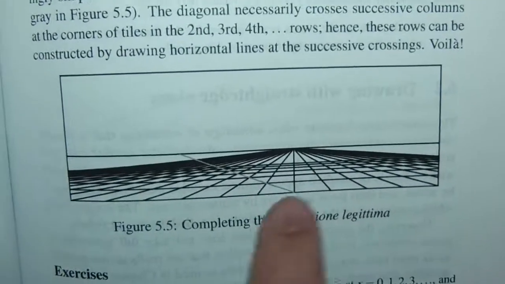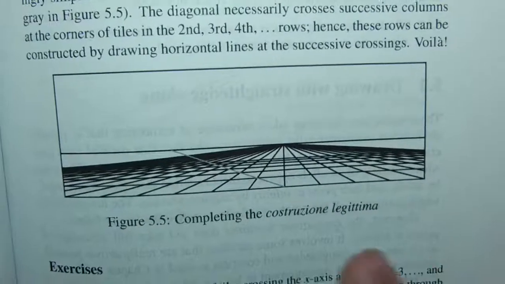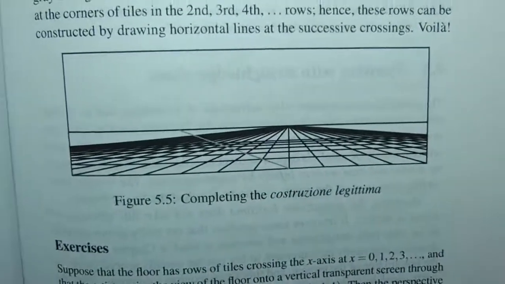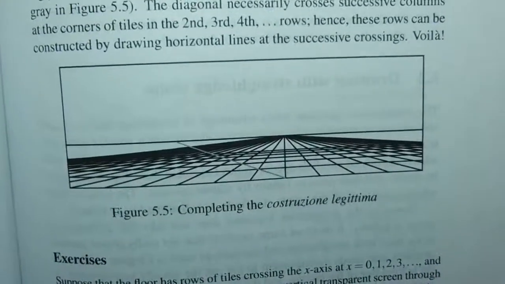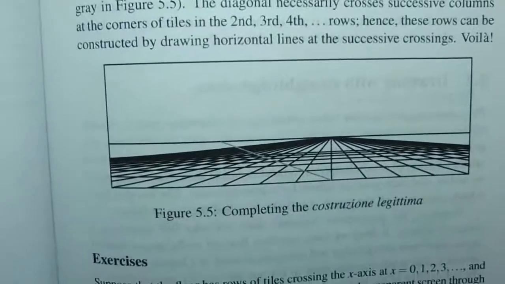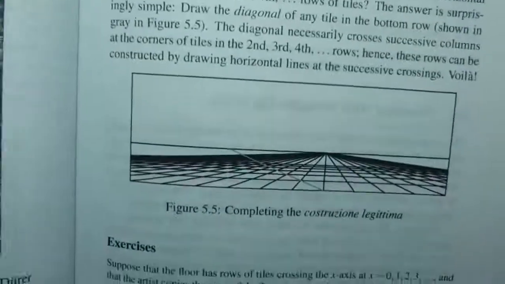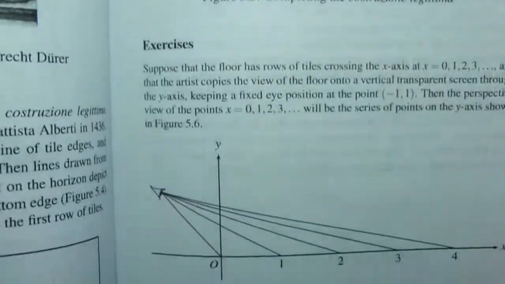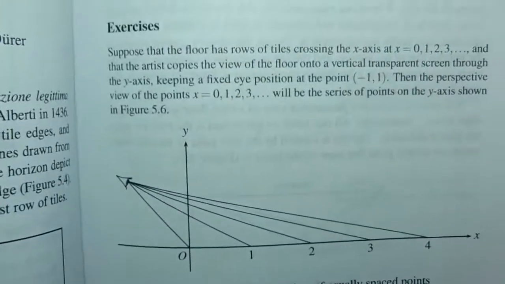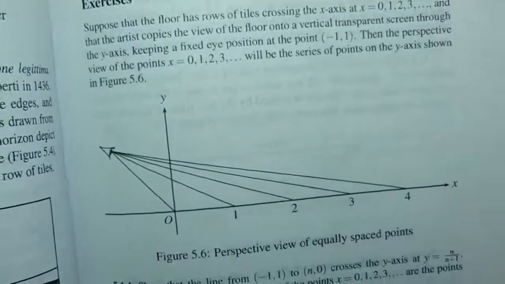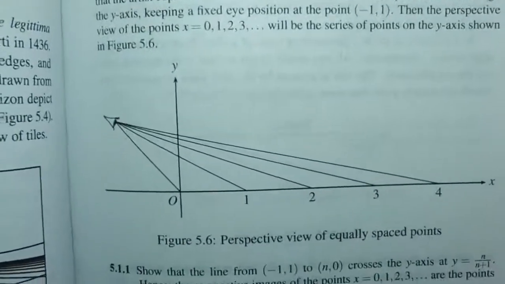But this is what it has to look like for us to say that this is a good drawing of a tiled floor. Well, what is going on, or one way to see what's going on, is this is an exercise that you're going to be given either as part of your exam or maybe on the next homework set.